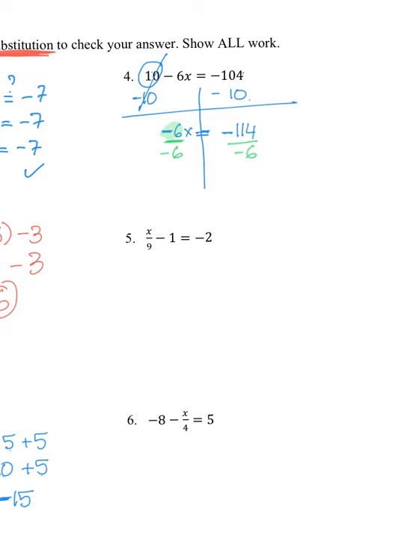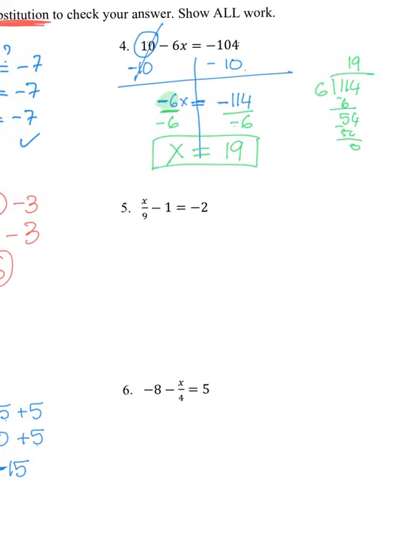So negative 6x divided by negative 6 is just x. 114 divided by 6. How many times is 6 going into 11? 114 divided by 6 is 19. So the answer is 19. Okay, negative divided by negative, your answer is positive. Alright.